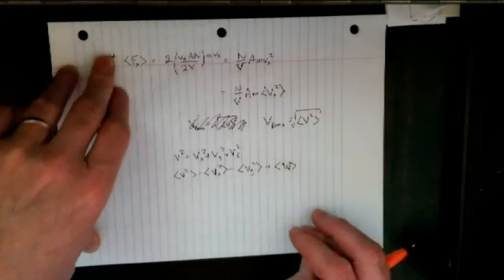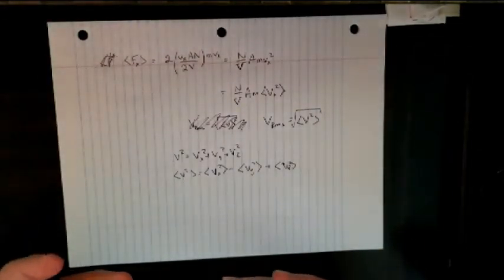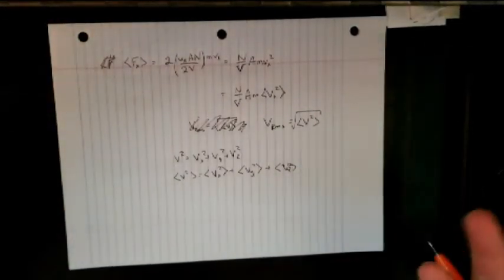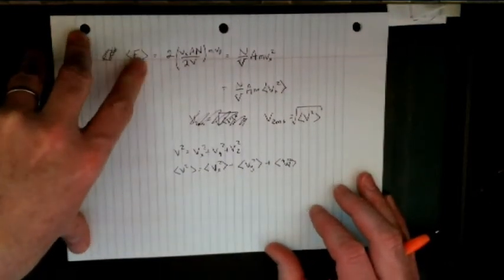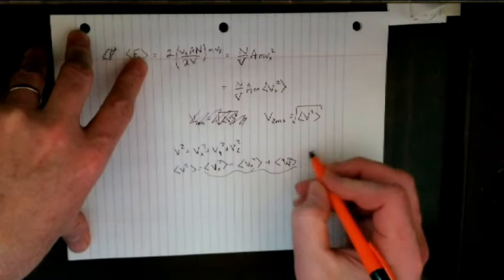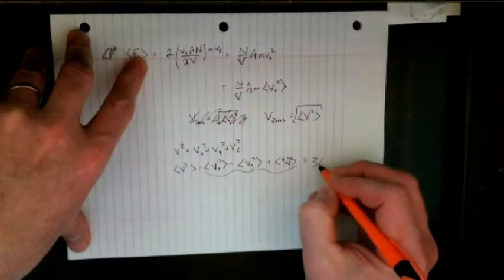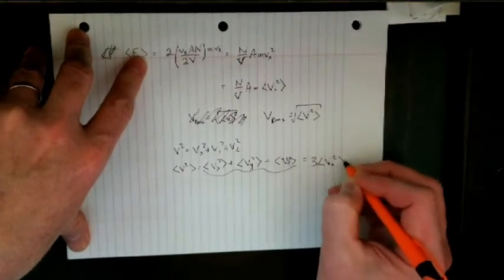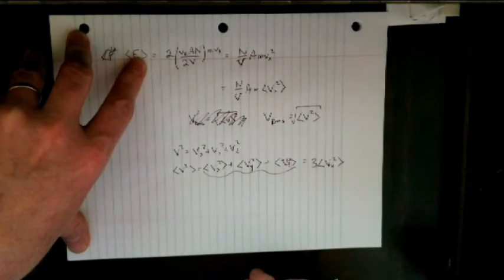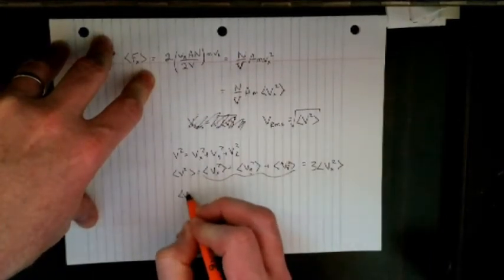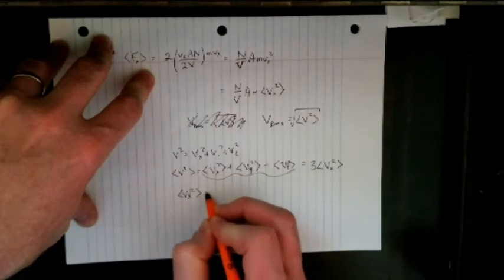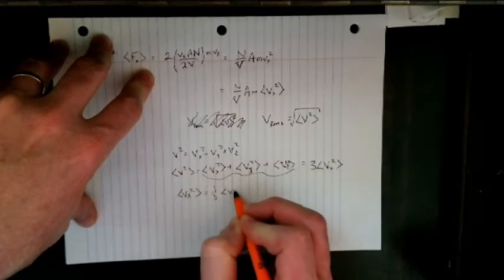And since if we're talking about a gas, particles are moving in every direction, there's no reason why the average value should be any different in one direction than another. So all those are basically the same, so that should just be 3 times the average value of Vx squared. So Vx squared should be 1/3 of V squared.